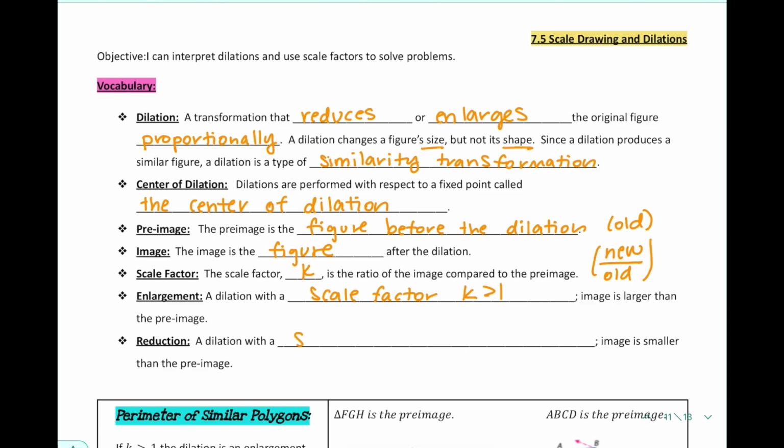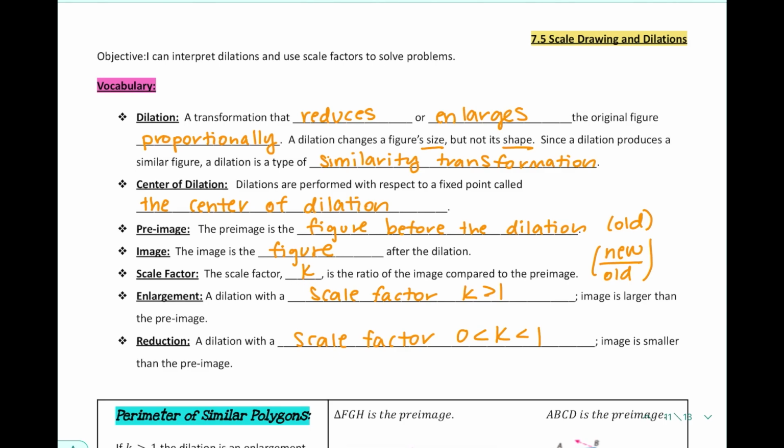That is a dilation with a scale factor that's not greater than 1, but it's also not negative. It is between 0 and 1. And the best way to think about that is your fractions. If you're half as tall, you're going to be shorter. If you're 2/3 the size of something, it's smaller than the original thing. So that's where that's coming from. But if it's negative, that doesn't really make sense.